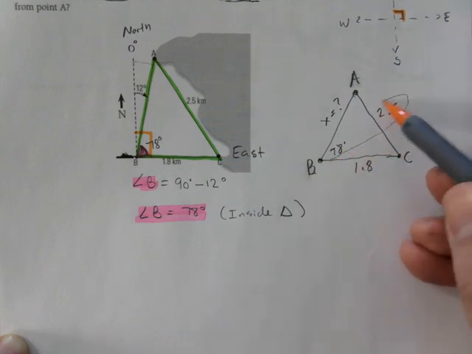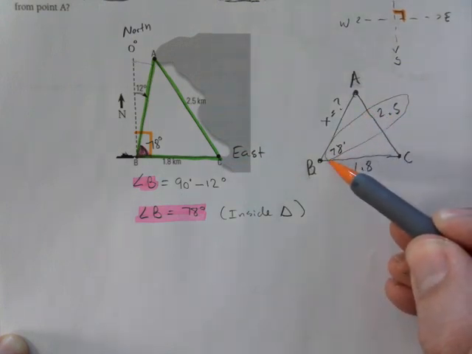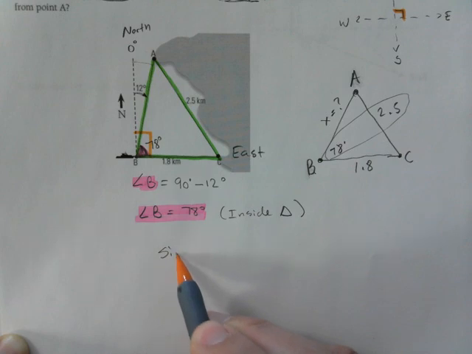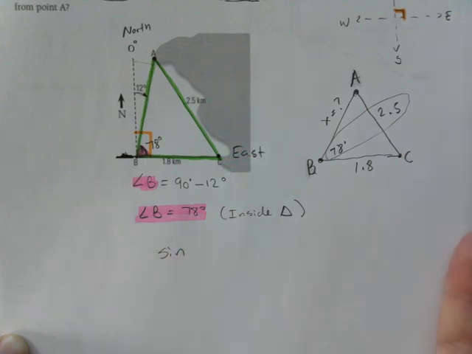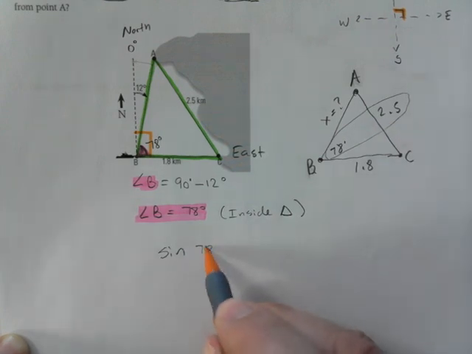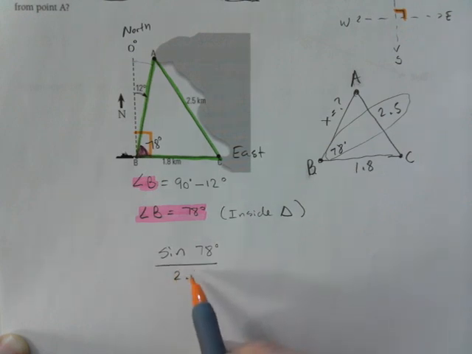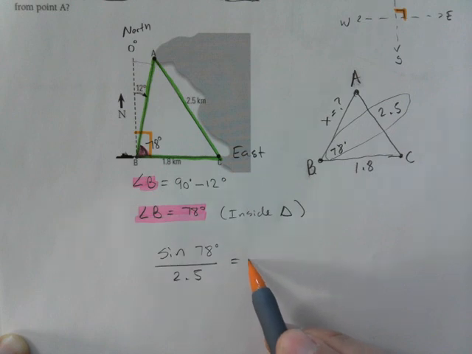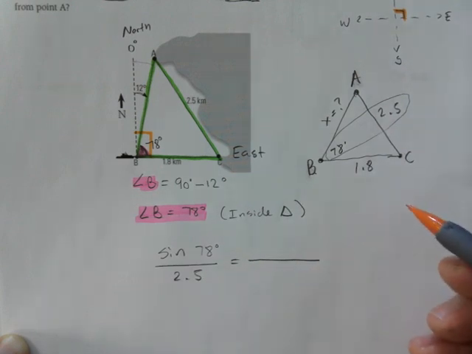So which law? Sine law. Did I tell you that most of the time you'll be using sine law? 70 to 80%, that's just how it goes. Don't ask me why. That doesn't mean that you will not have cosine law problems. You will have cosine law problems.